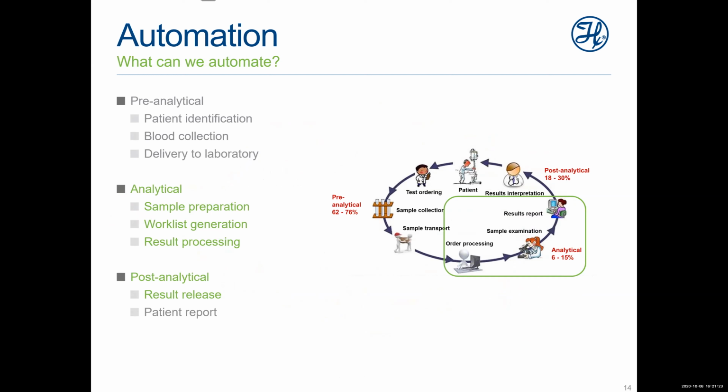So once the sample reaches the laboratory, that is the last step of the pre-analytical part, we can begin to automate, like for the clinical chemistry laboratory where the automation is already in place. But we can do something even in our field where the automation is not so common. Okay, next one, please.